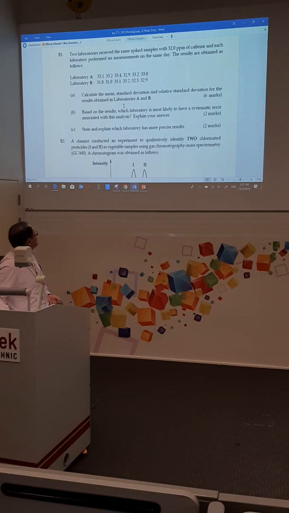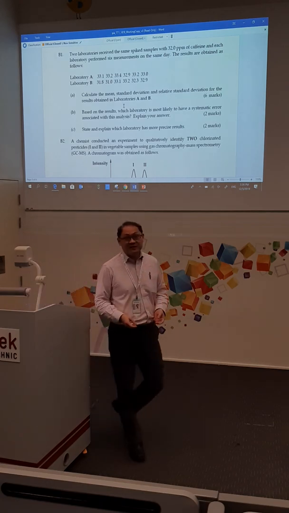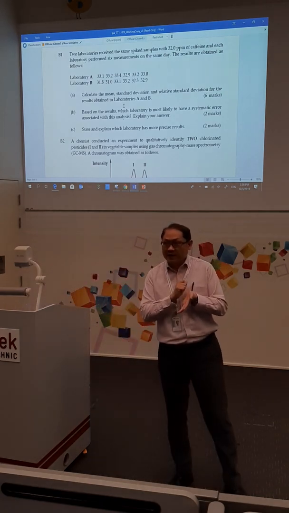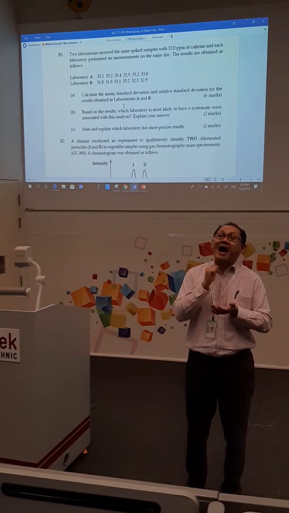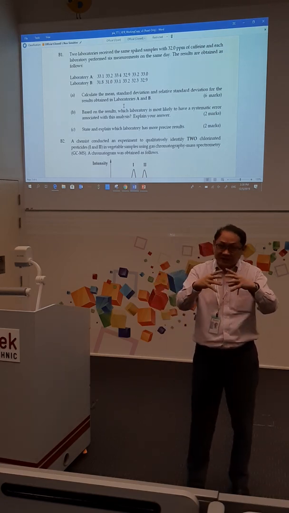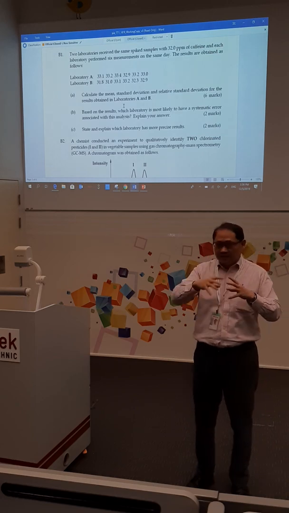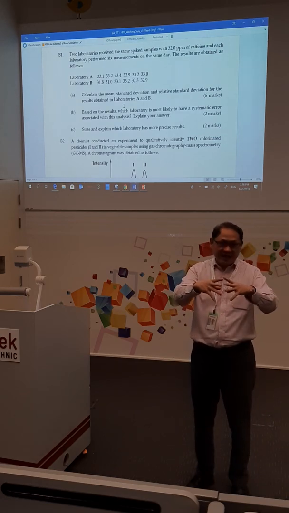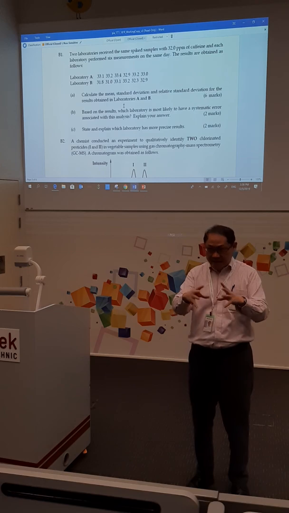Right, so likewise, question number C. Which laboratory produces more precise results? Again, this one goes back to definition, because just now we worked out the RSD. RSD in comparison already shows how the results are scattered around.